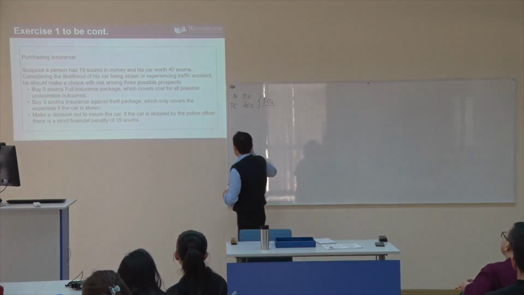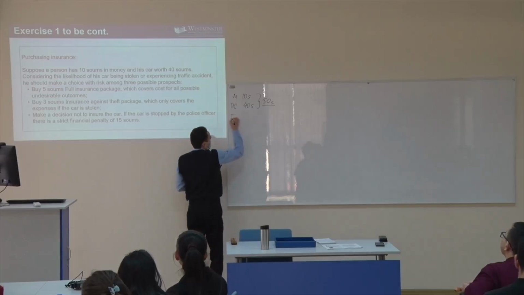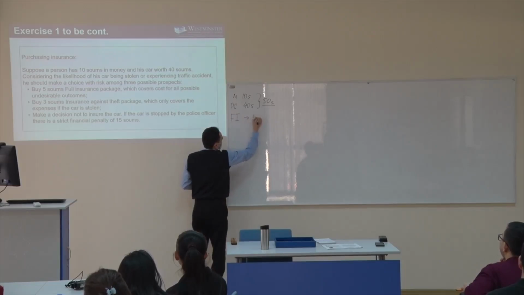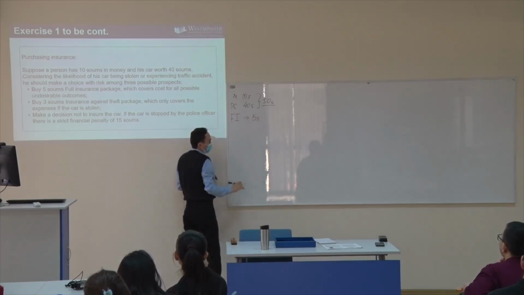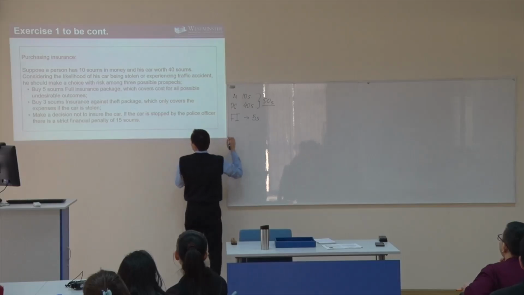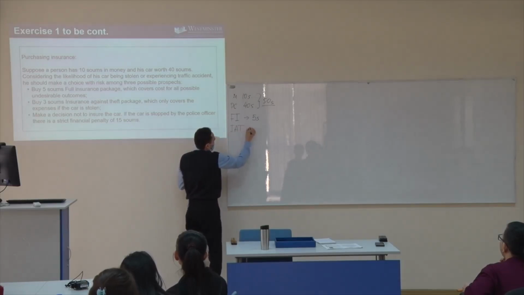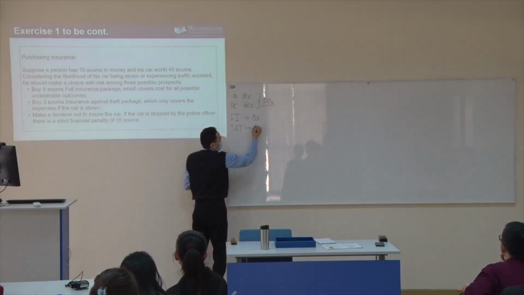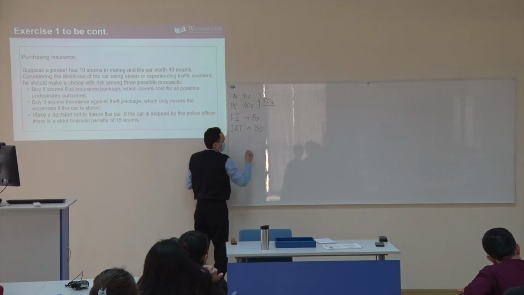If I'm going to purchase full insurance, how much do I have to pay? 5 sums. If I don't want to buy full insurance, but instead if I'm going to buy insurance against theft, then I have to pay 3 sums.